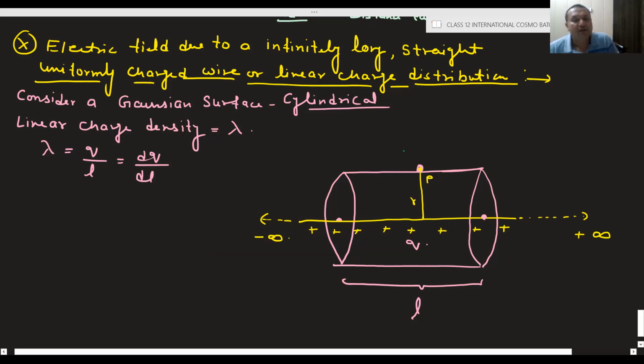But before that, now listen to me carefully. What is this? This is a cylinder. Look, this is a glass. Consider it as a cylinder, or this is a copy. Consider it as a cylinder. Now it has three surfaces.